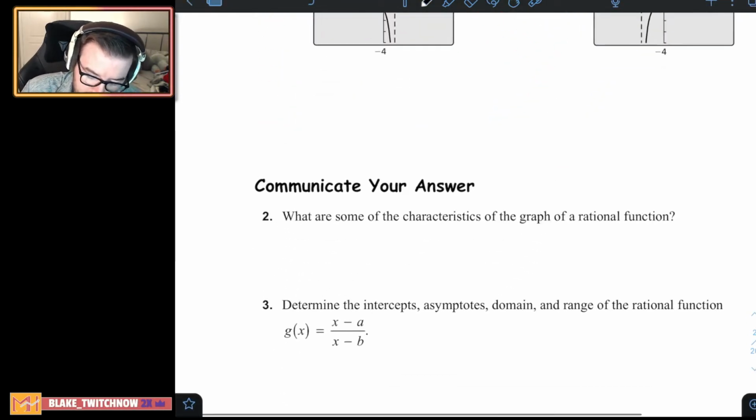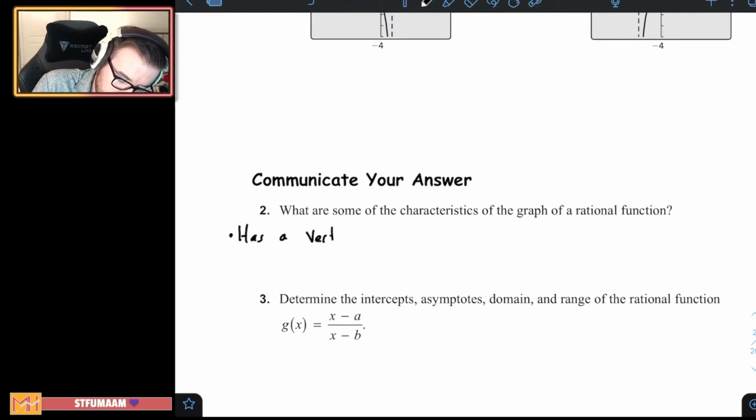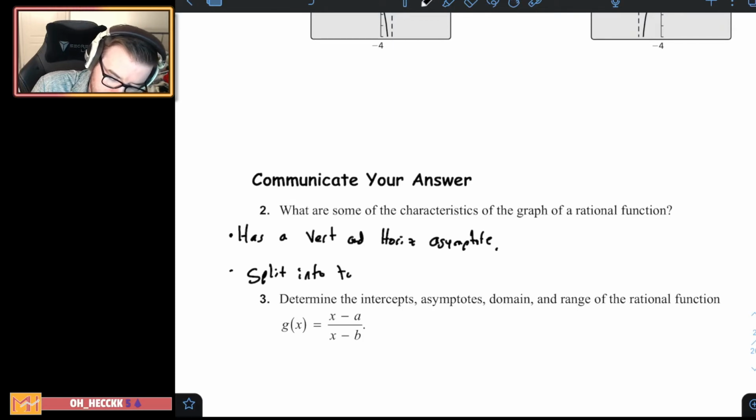What are the characteristics of the graph of a rational function? It has a vertical and horizontal asymptote. You could say it's split into two, kind of, right?